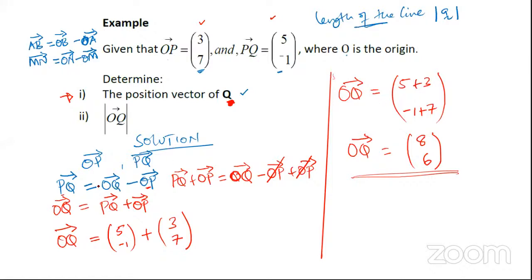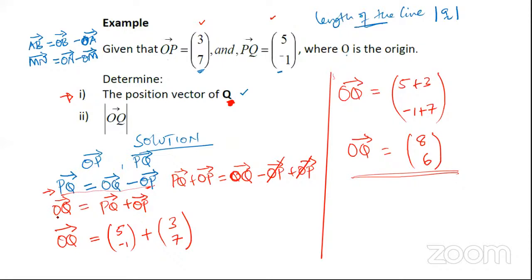But did you understand how we came to this formula here? Are you seeing the way that we said when you have PQ, it is Q minus P? And that is where from here we make Q the subject of the formula.